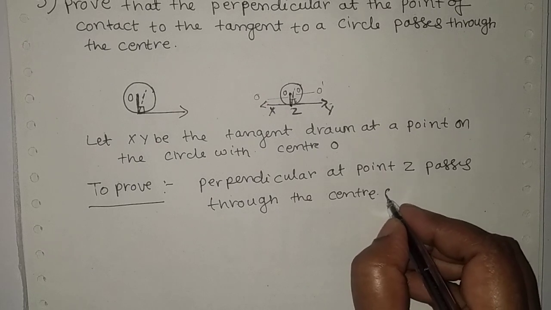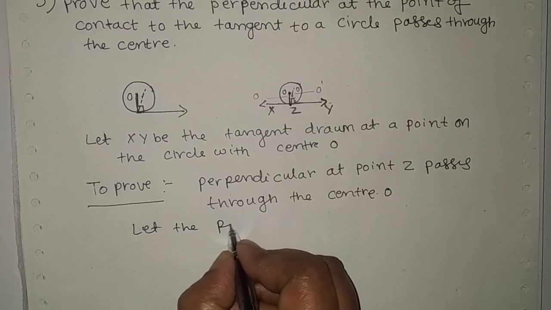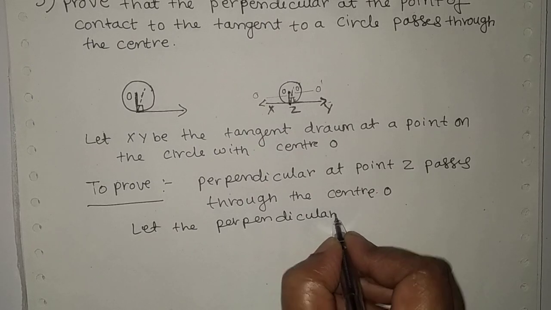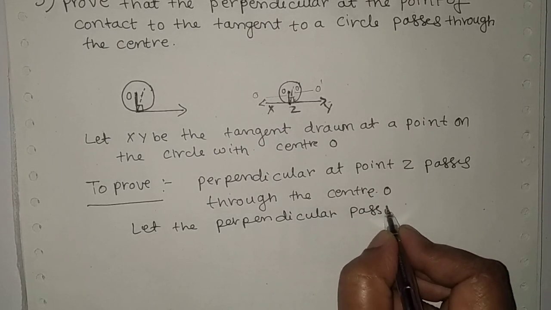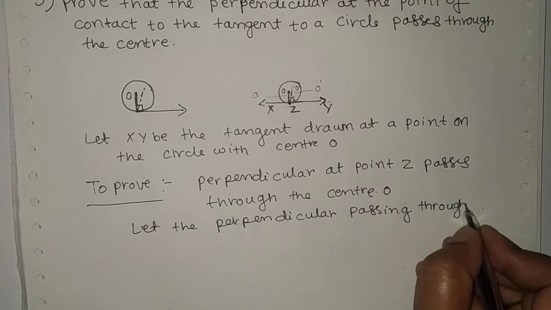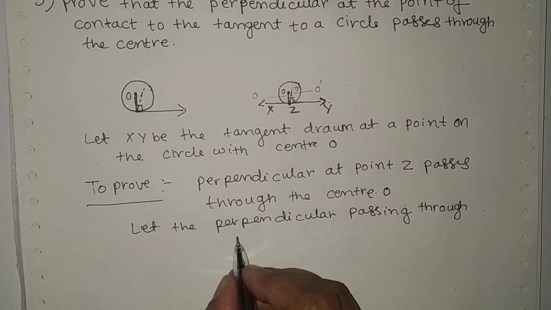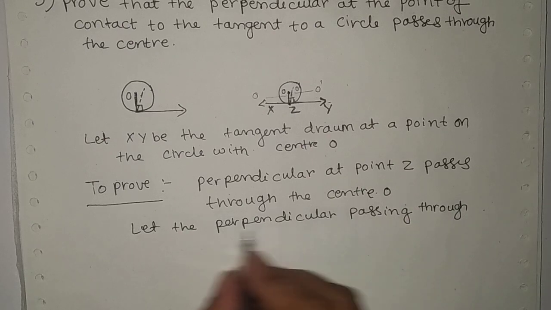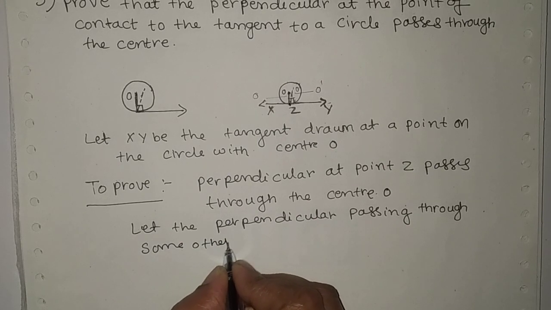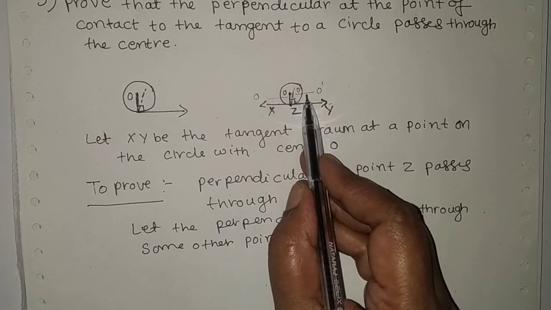Next line: let the perpendicular pass through some other point O dash. To prove this, we have to take one more point.